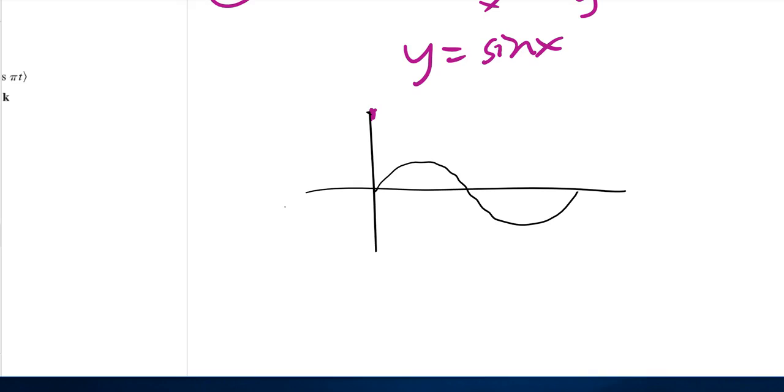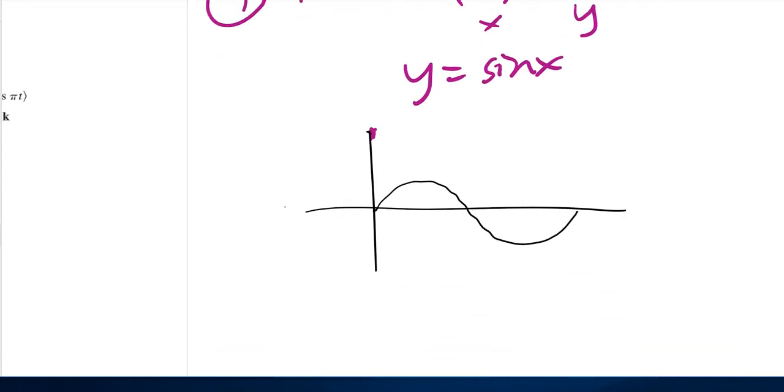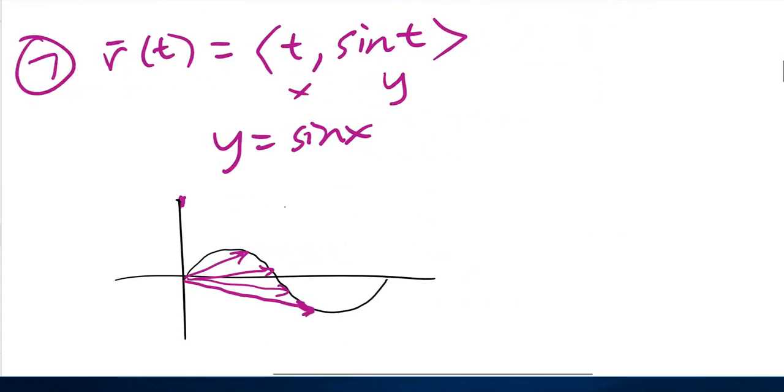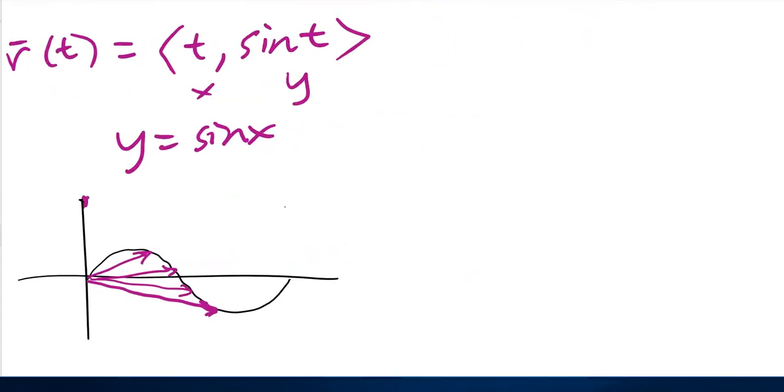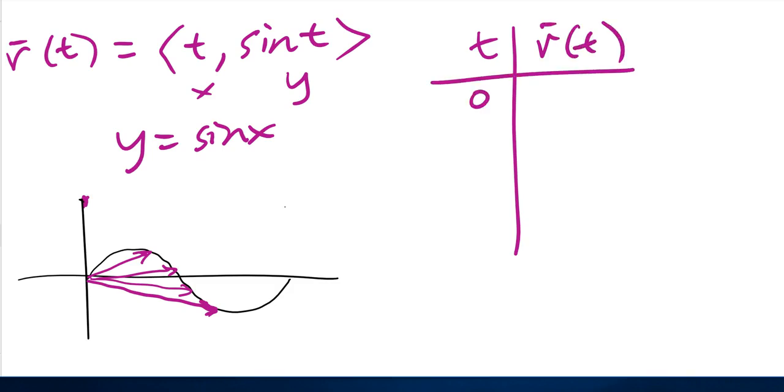But what's making this curve is a bunch of vectors. You don't need to draw them, but essentially what's happening is there's a vector here, there's a vector here, vector here, vector here. Let me show you what's going on kind of behind the scenes here. You have a t value, and you have r of t. When t is 0, r of t is 0, comma 0.